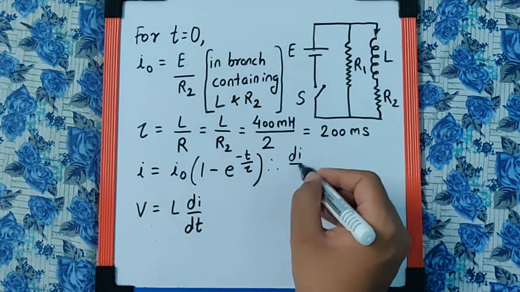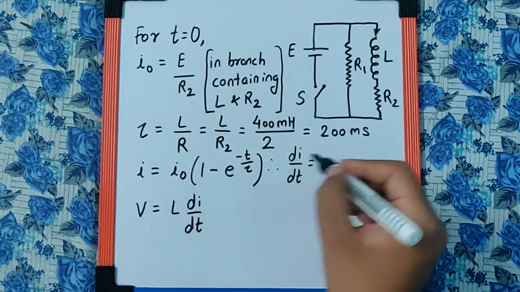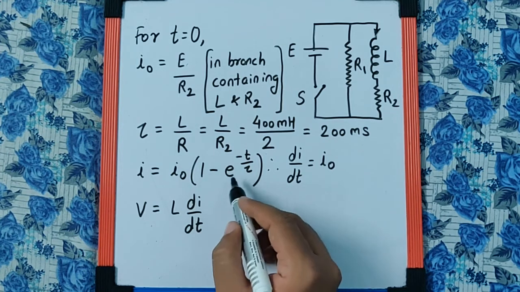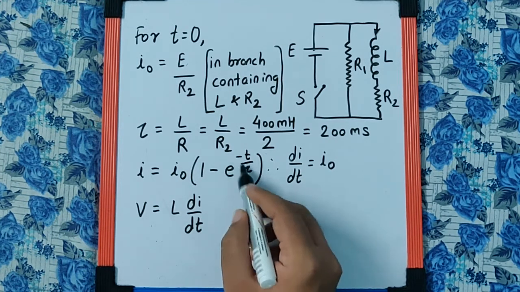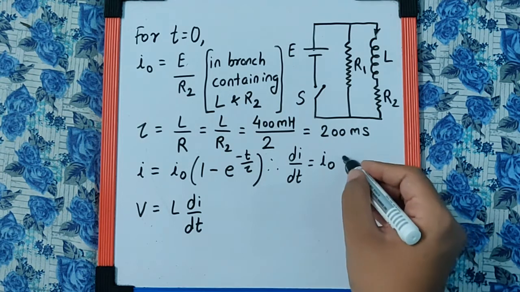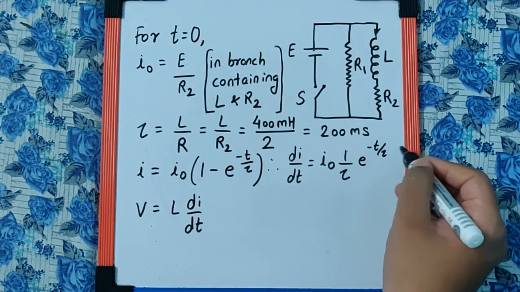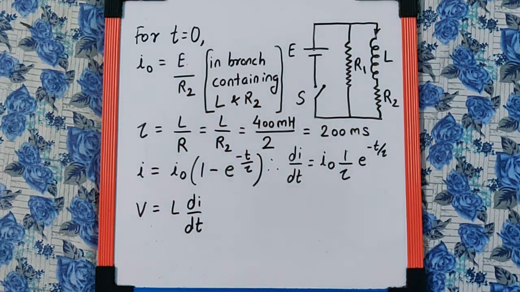Therefore di by dt is going to be I naught as it is, derivative of 1 is 0, minus derivative of e raised to minus t by tau, which is 1 by tau into e raised to minus t by tau. This should be the equation.